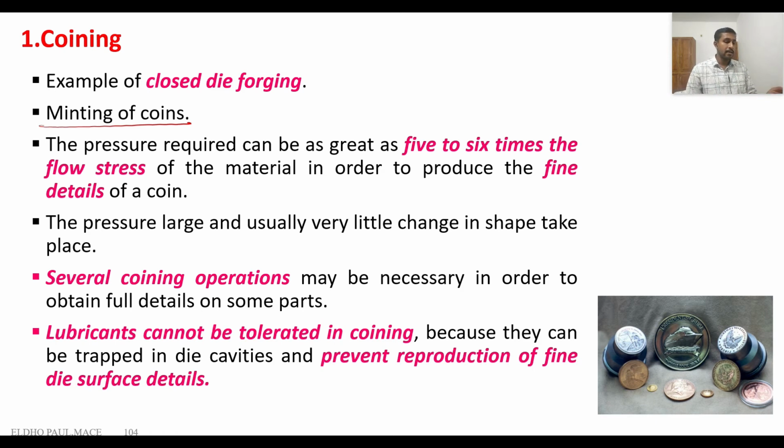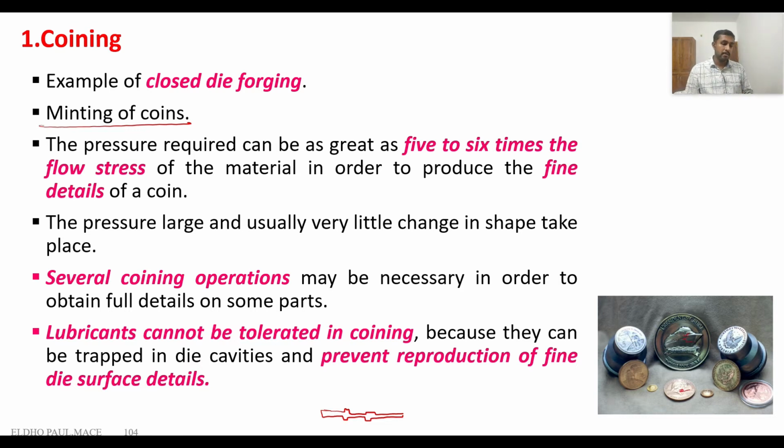But compared to other closed die forging methods, what is the importance of coining? When we make a coin, very sharp projections and impressions can be seen in these coins. See this, very sharp.